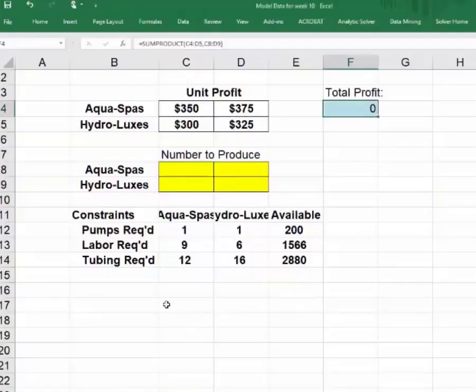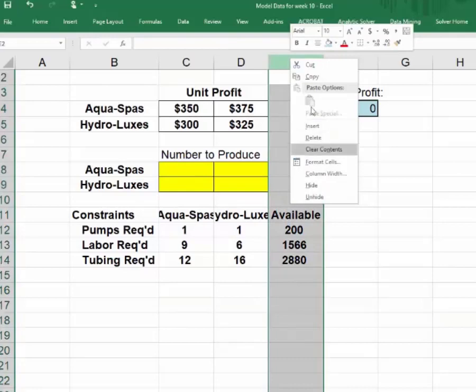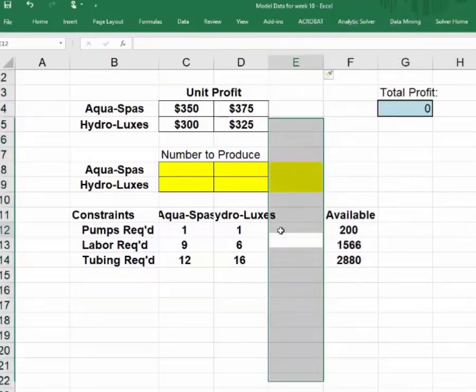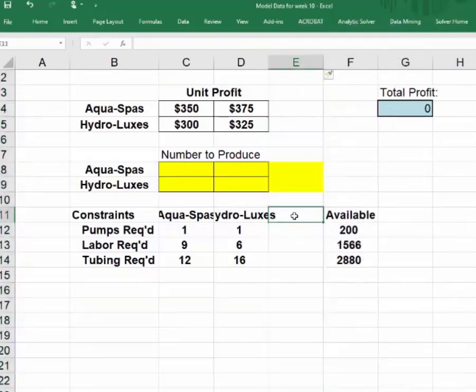So let's look at the first group of constraints. Let me insert one. We want resources used less than resources available, so resources needed.